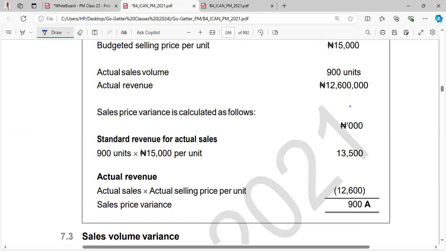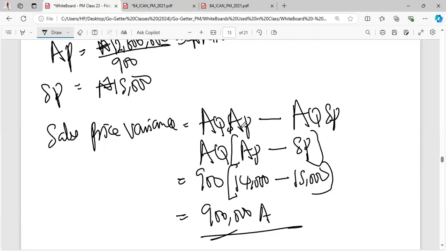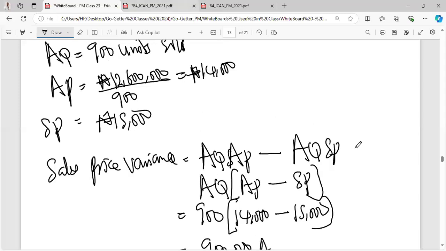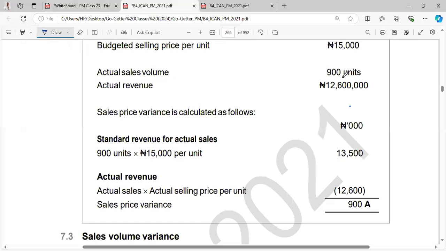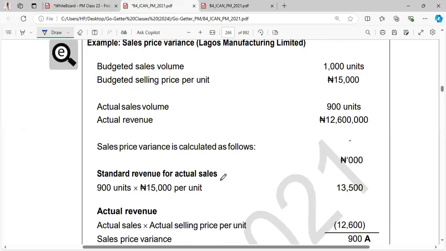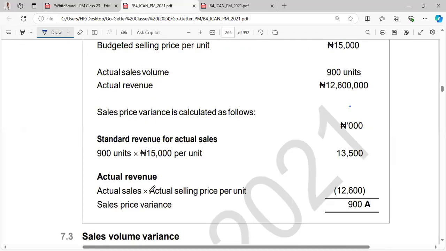Sorry, did I do something wrong? Why am I getting it this way? Actual quantity 900, actual selling price 15, standard selling price. Actual selling price, because we got it as 14.